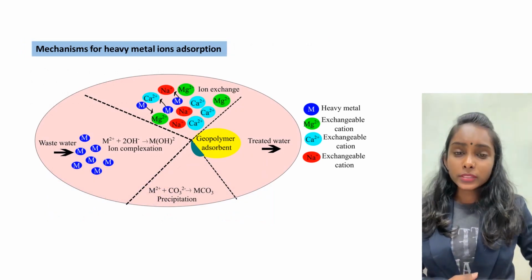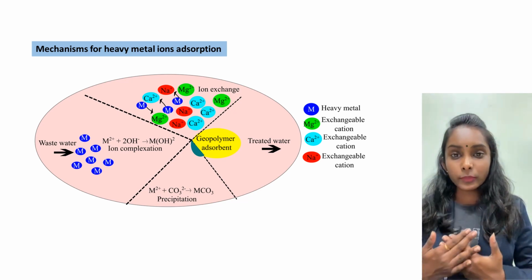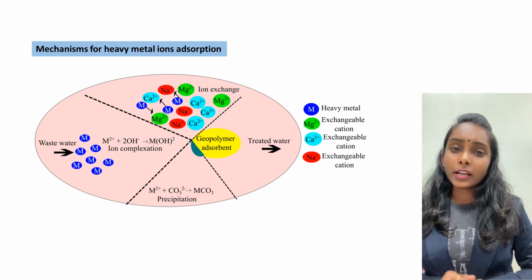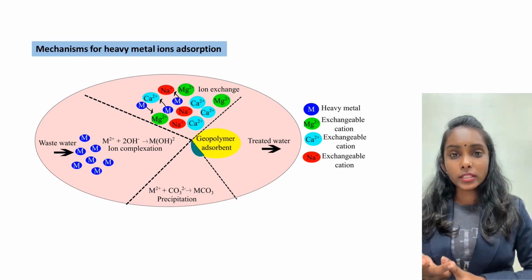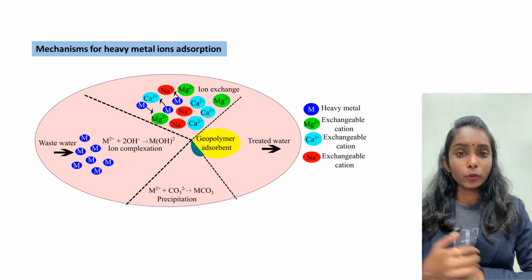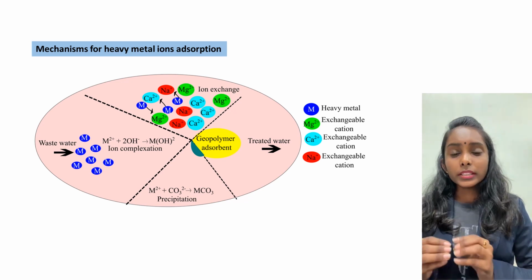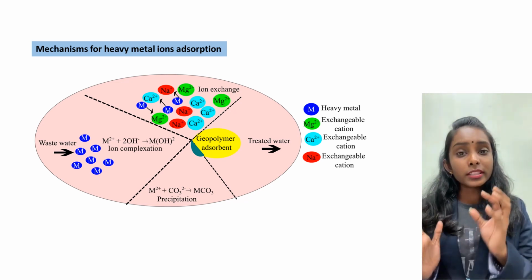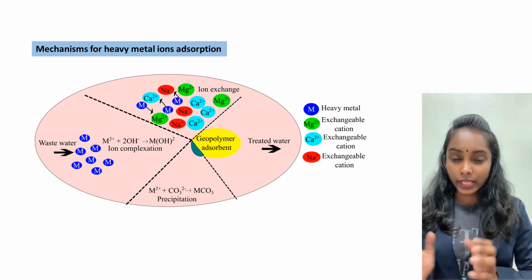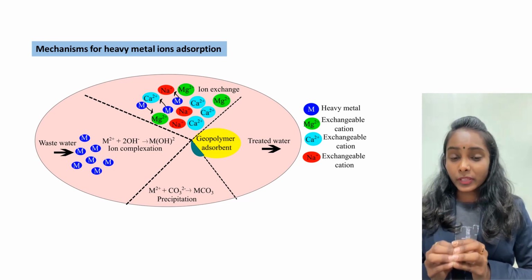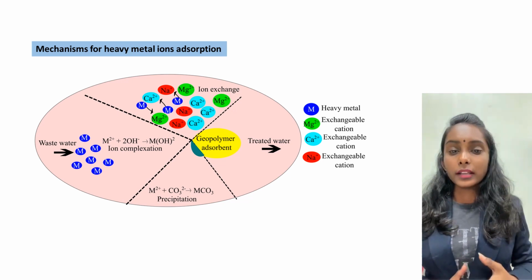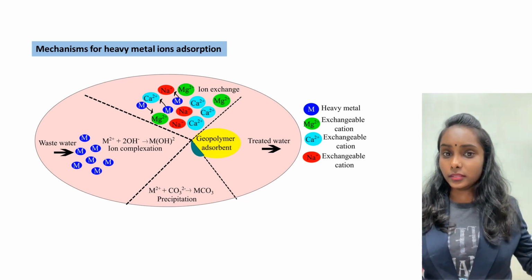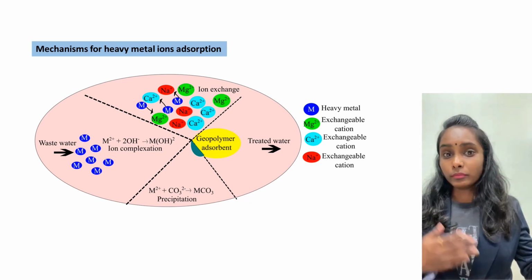Several mechanisms are involved in the adsorption process by geopolymer adsorbent. Examples of mechanisms are ion exchange, precipitation, ion complexation, and many more. These mechanisms occur simultaneously in the adsorption process, specifically in the geopolymer adsorbent compared to other adsorbents such as those that I mentioned before.